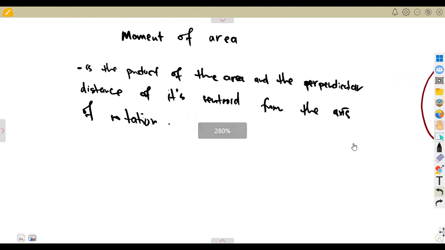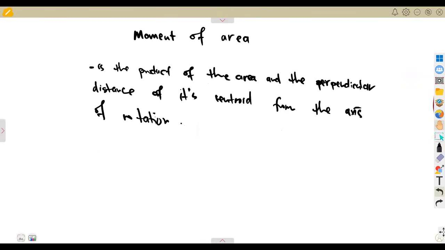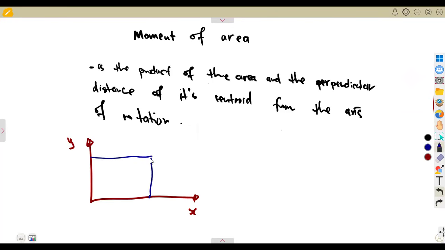Let's say we've got a diagram like this. Let's say we've got our y-axis and x-axis, which is our Cartesian plane. All right. You are going to notice that in terms of our distances, when we are saying from the axis of rotation, if the rotation is x-axis, the distance from this x-axis is this one, which is we're talking about the y.